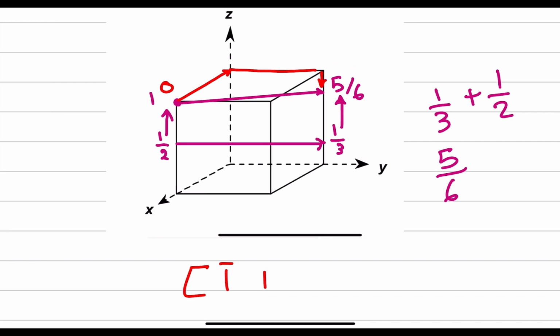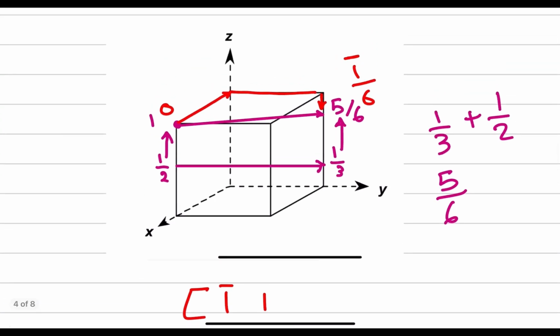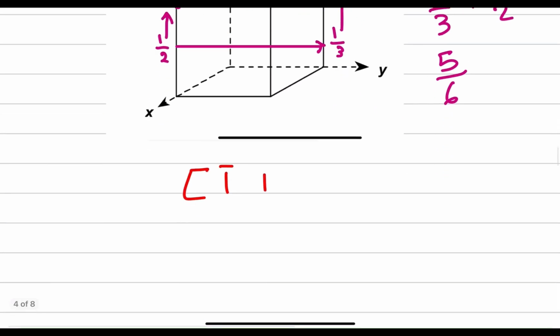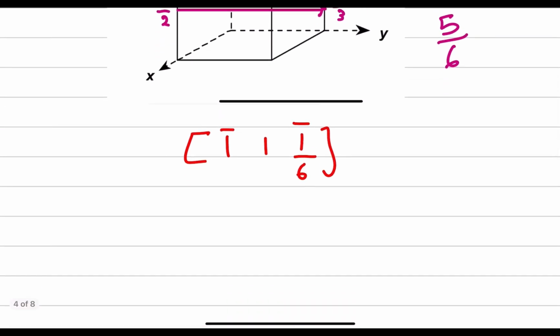And we move down, so it will be 1 over 6 in the minus, because 1 over 6 makes the whole 1. So we write minus 1 over 6, and we need to multiply the whole number by 6. So the final answer will be minus 6, 6, and minus 1.